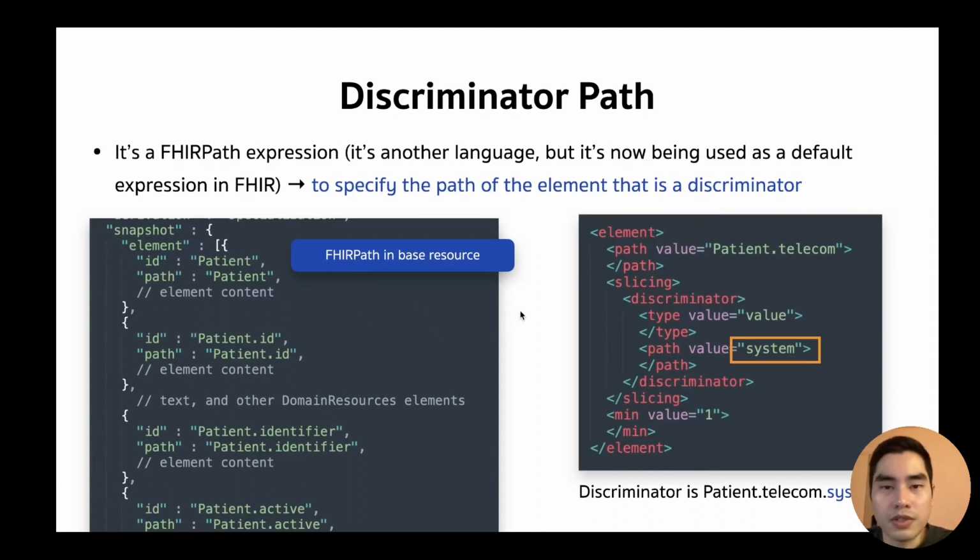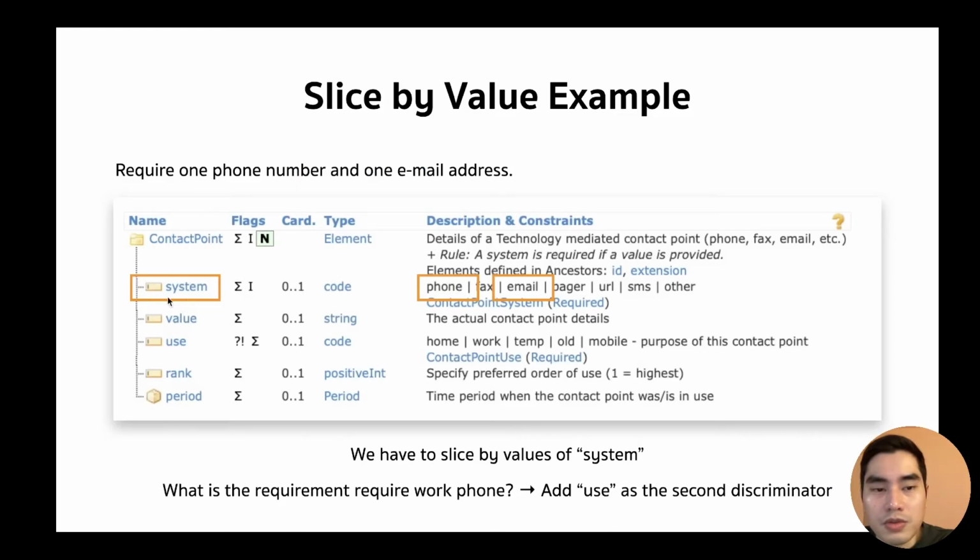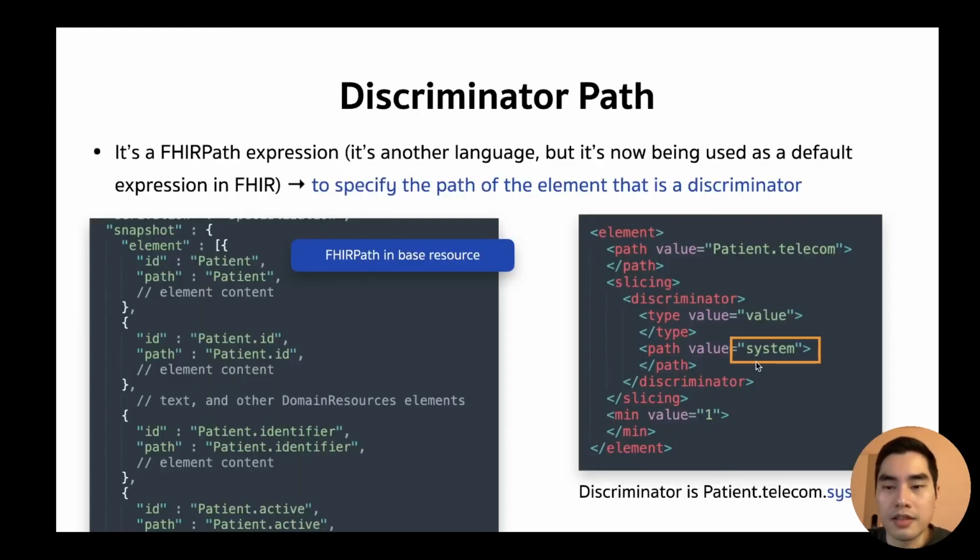When you want to discriminate an element, let's say from the previous example, you want to discriminate by the value of a system, right? So you have to specify the path of the system, and the path is relative to the parent. So the parent is Patient.telecom, then the path here will be system, like this.